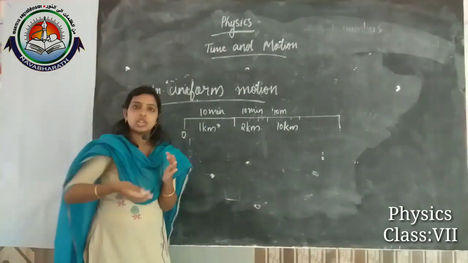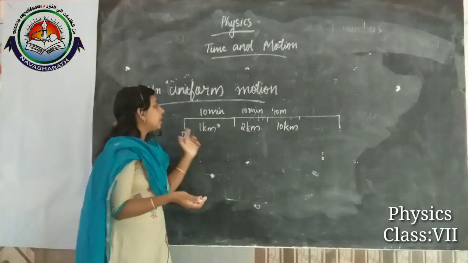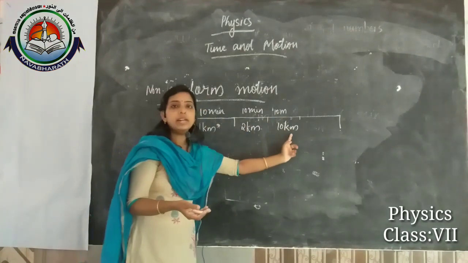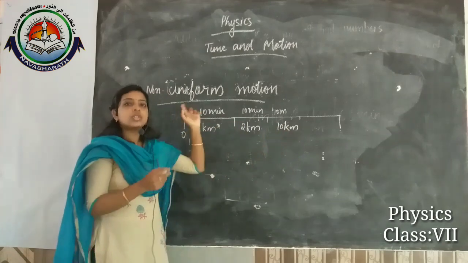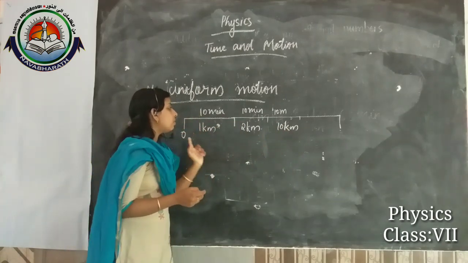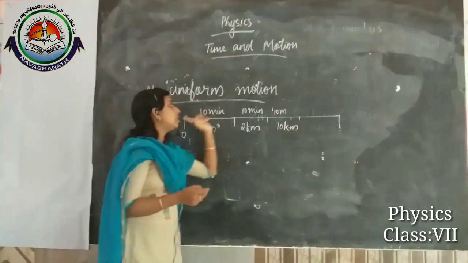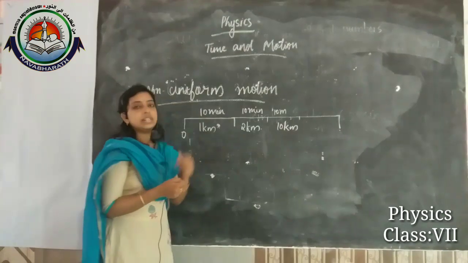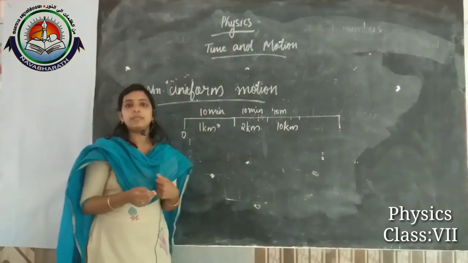Gradually the speed of the train increases. So we can see here equal time interval, but there will be an unequal distance. So if an object covers unequal distance in equal interval of time, then we can say that it is non-uniform motion.